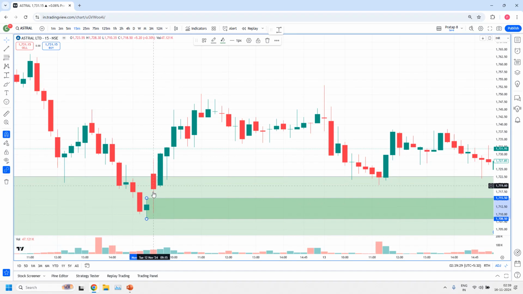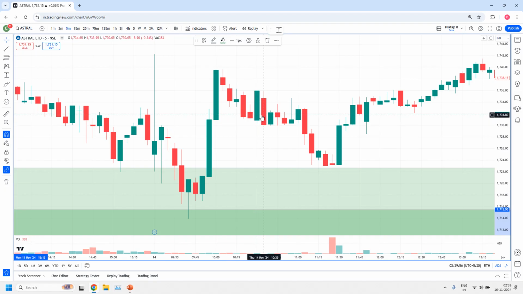Now our focus is on the 15 minutes leg out. The 15 minutes leg out is doing the magic. How is it doing? Now go to the 5 minutes. How many 5 minutes candles will you be seeing in one 15 minutes candle? Sorry, 3 candles. 3 5 minutes candles are equivalent to 1 15 minutes candle.